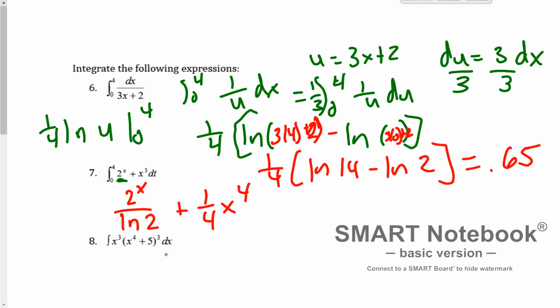Okay, and then plugging in 4. So 4, and subtract, plugging in 0.